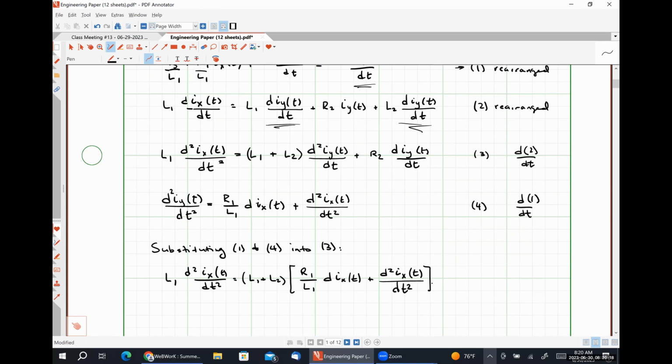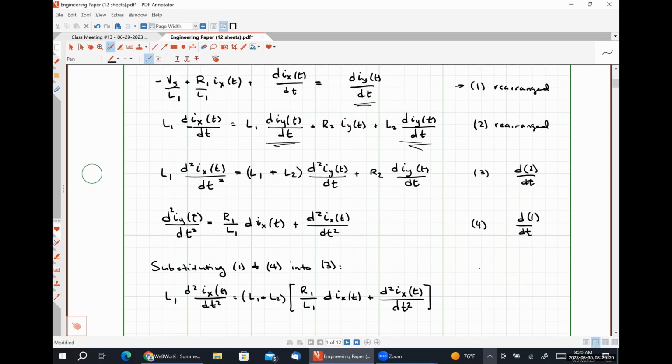Plus R2 times the first derivative, where the first derivative relationship is just equation 1.